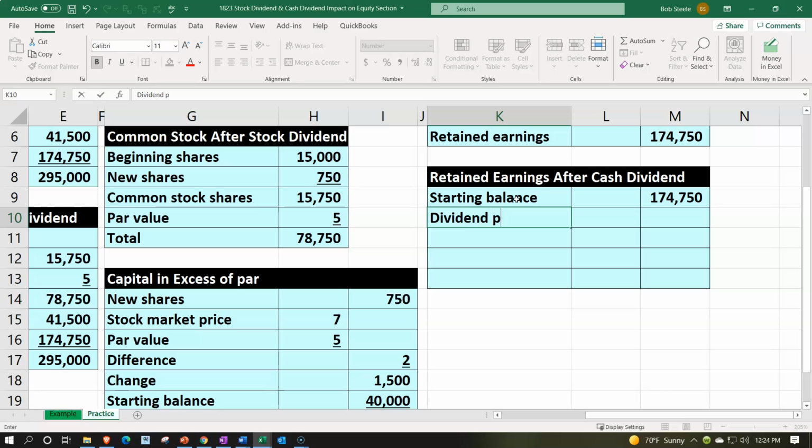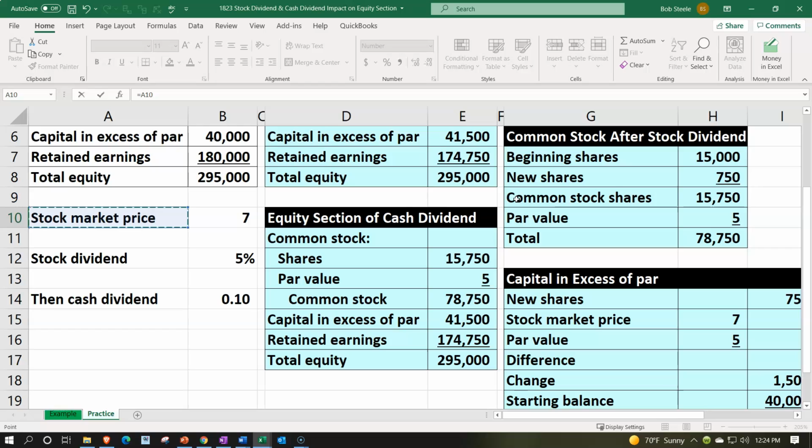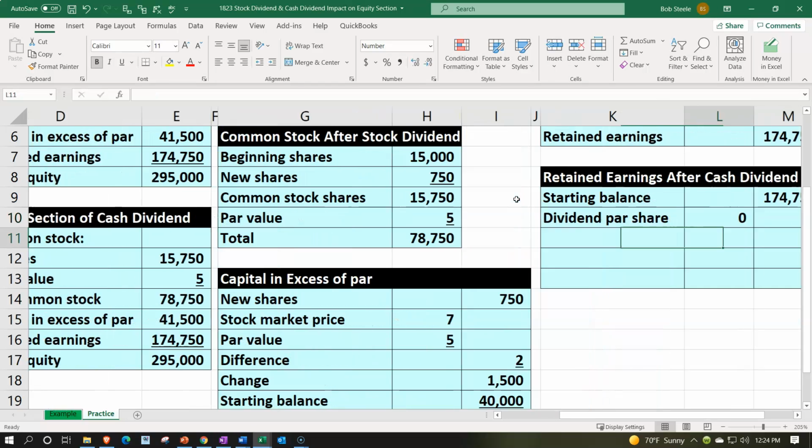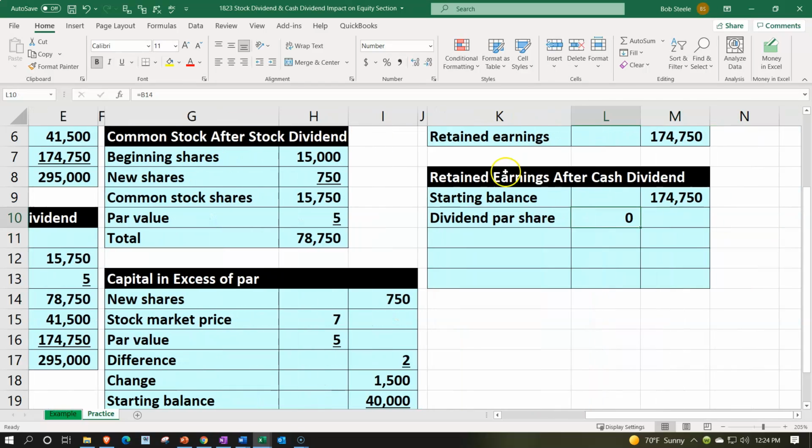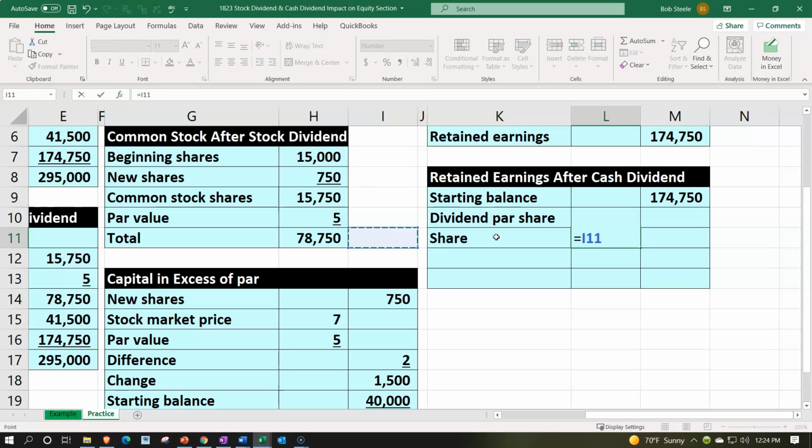So we're going to say, all right, the dividend per share is going to be, we said, equal to 10 cents. Let's make that a decimal number group, adding a couple decimals. And then we have these shares. The shares now, after we have added the new shares, is going to be the 15,750. Let's pick it up right there.